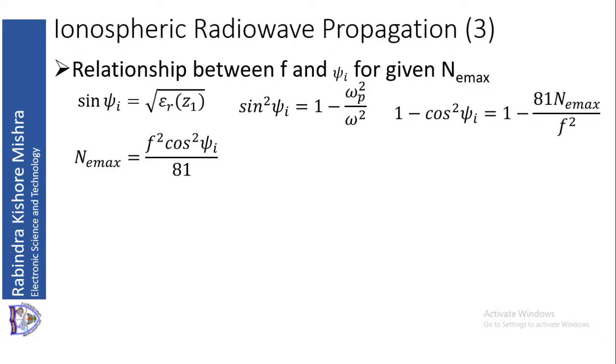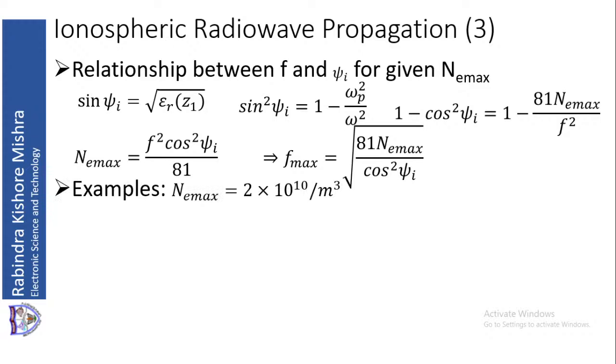What will be f max? f max will be 81 Ne max divided by cos square psi i. 1 by cos square is sec square, so this will be root over of 81 Ne max sec square psi i, or f max will be 9 root over of Ne max into sec square psi i.